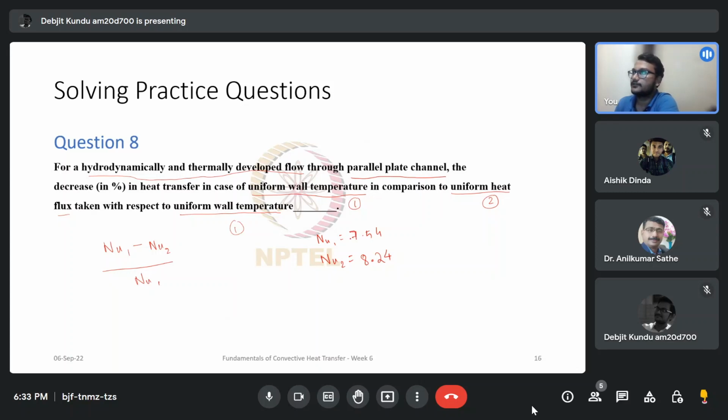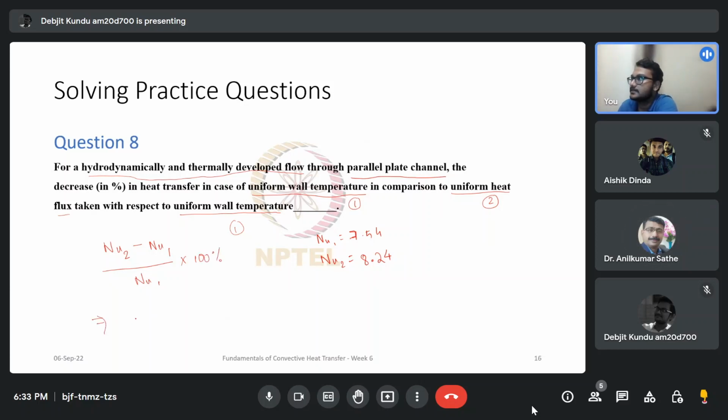If we simply plug in these values, I've made a mistake here. The decrease in heat transfer in case of uniform wall temperature: Nu1 is lesser than Nu2, so the decrease is Nu2 minus Nu1, taken with respect to the uniform wall temperature case, which was Nu1. So this formula is correct, and we multiply by 100%.